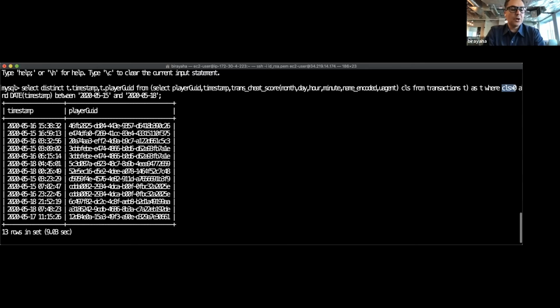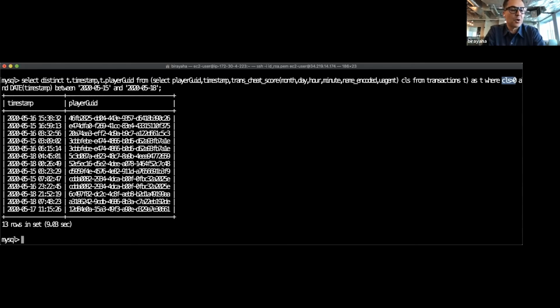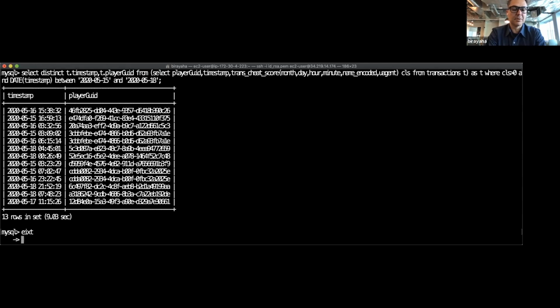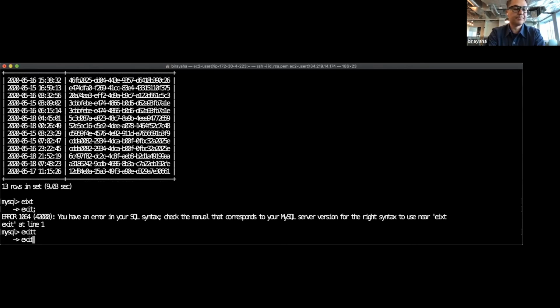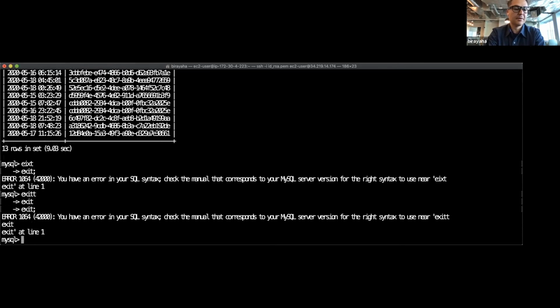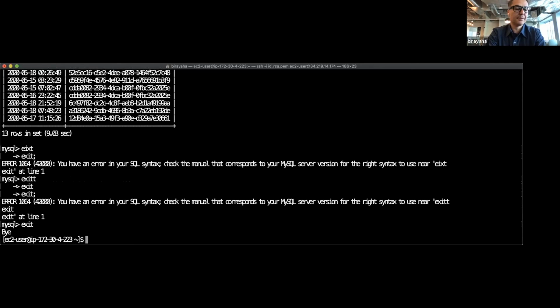Now, looking at the 13 rows we got here, it doesn't mean so much for us at this point, but what we can do is, oops, sorry.